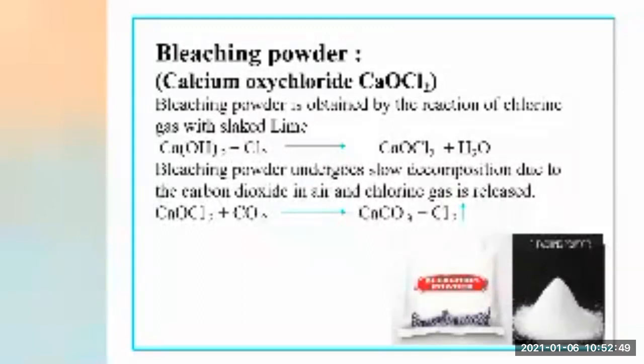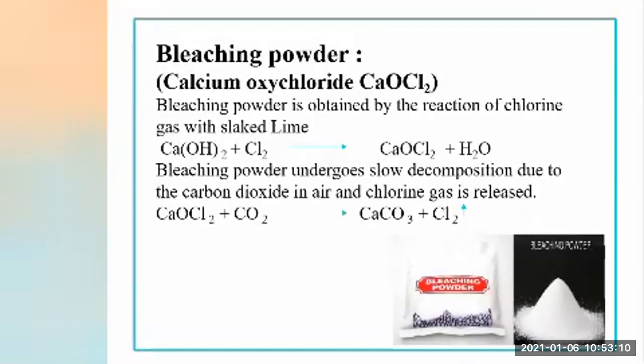Now see how calcium oxychloride is obtained. Bleaching powder is obtained by the reaction of chlorine gas with slaked lime. We know slaked lime, yeah? Slaked lime is nothing but, bacha, Ca(OH)2, that is calcium hydroxide. Ca(OH)2 is slaked lime. When it reacts with chlorine, Cl2, what do we obtain?